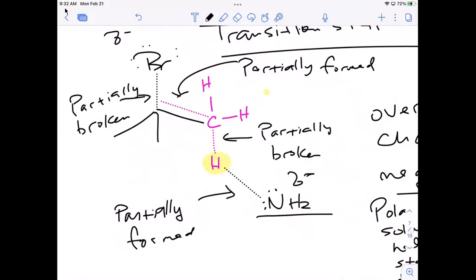Then as the alpha proton leaves, those electrons make the pi bond, and the pi bond forming is what's forcing the bromine or the leaving group to leave. So all of those things are happening. It's all concerted, and that's why it's a two-term rate law, where you have both the base and the substrate participating.